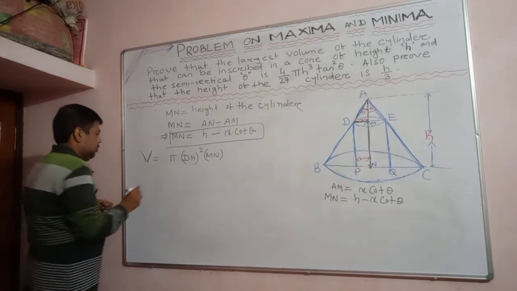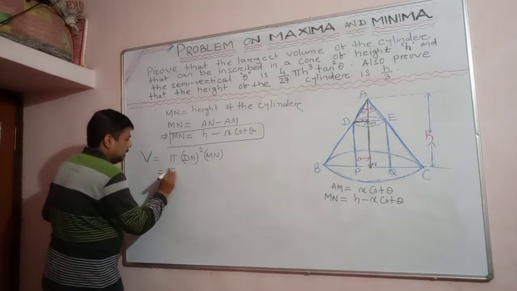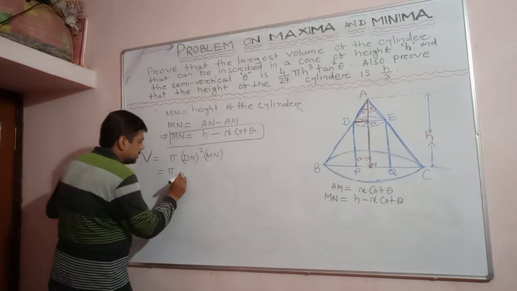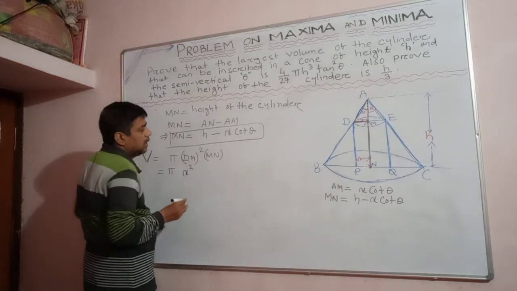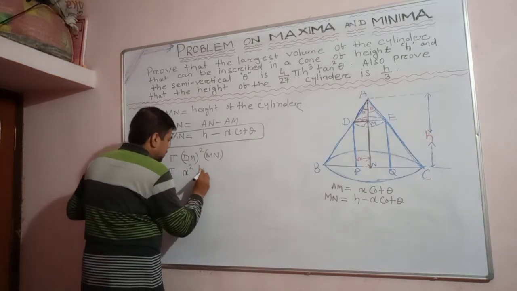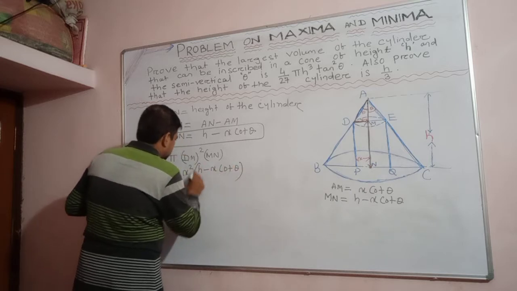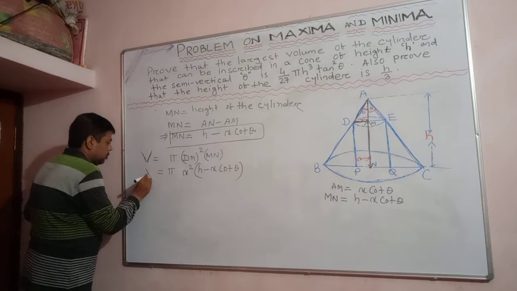So that is equal to pi Dm square. What is the value of Dm? Dm is x, so the radius square is x square, and Mn is equal to h minus x cot theta. So this is the volume of the cylinder.